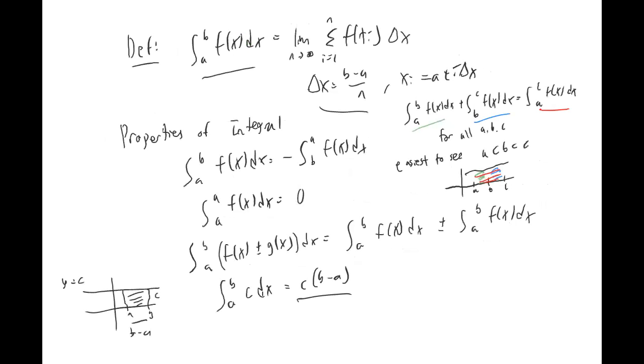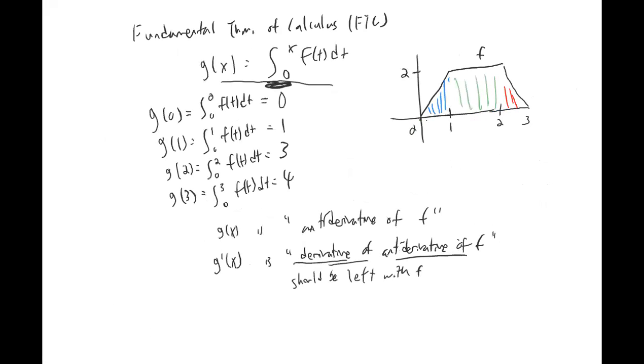So let me go back and ask you a question now. Now that you know FTC1, can anyone tell me what G prime of 1 is? G is this, F is this. What is G prime of 1? Yeah, 2. So how do you get that?